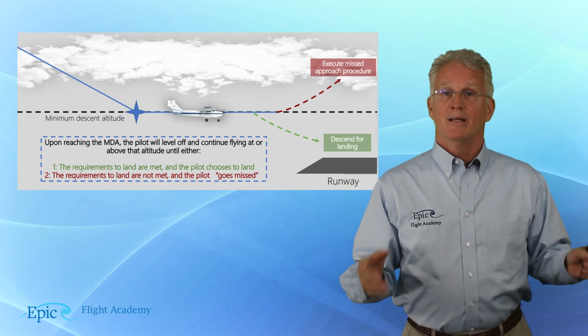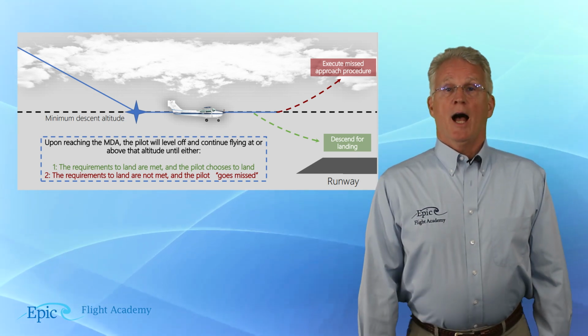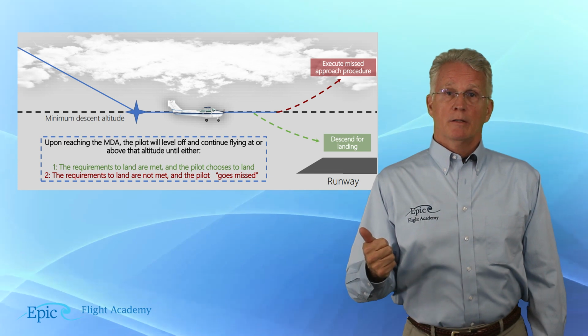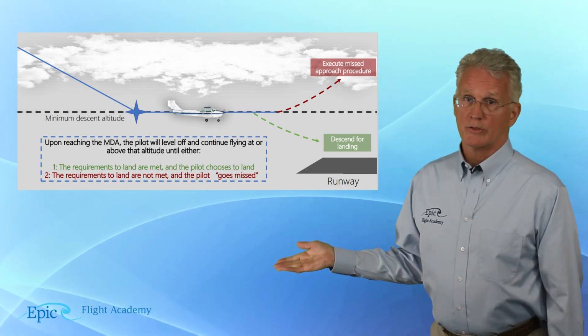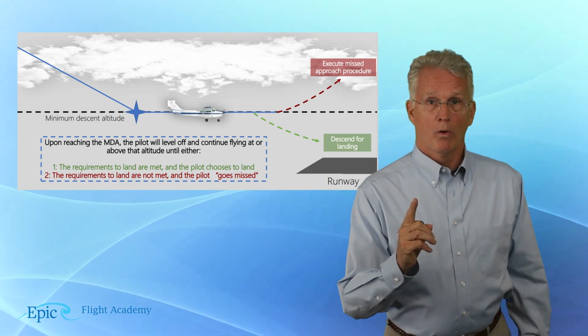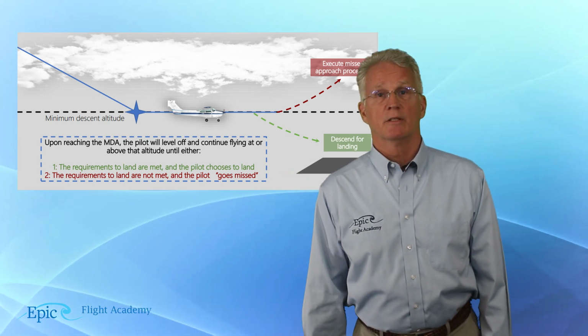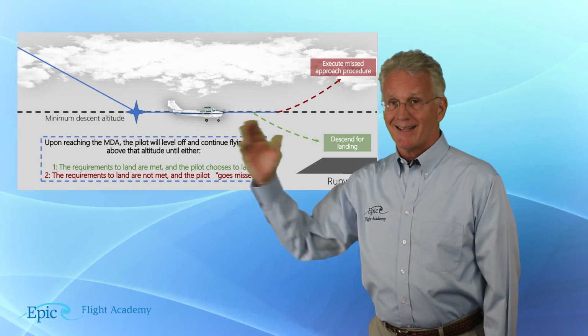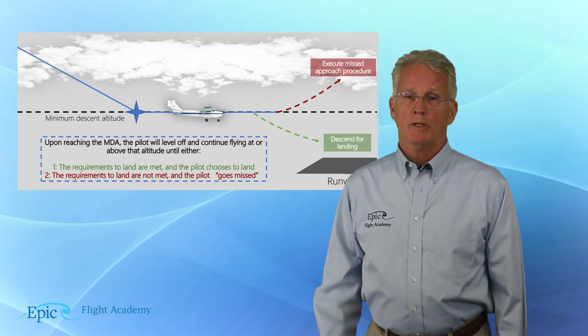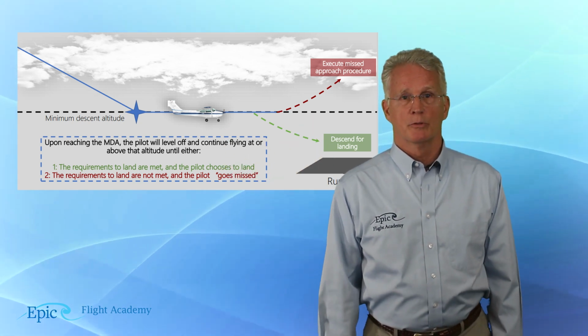And again, does one of two things. Either identifies the runway and, in green, descends for landing, or, in red, cannot identify its runway of intended landing and again executes what we call the missed approach procedure.